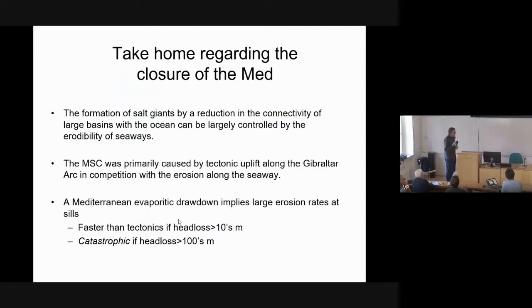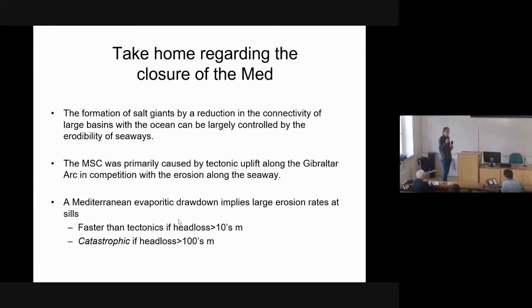Anyway, so the take-home messages I want to leave you with is that salt giants in general form by the reduction of connectivity of very large basins. And this connectivity is very much controlled not just by tectonic processes or by eustatic sea level changes, but also by the erodibility of those seaways.